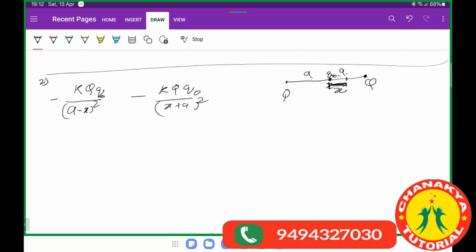So if we combine this, total force will be K, Q is common here, 1 by 4 and this one.